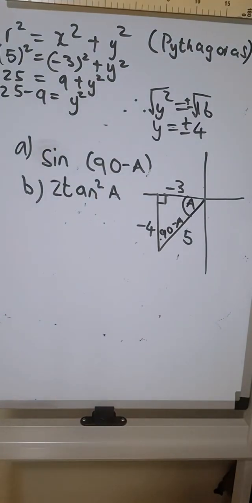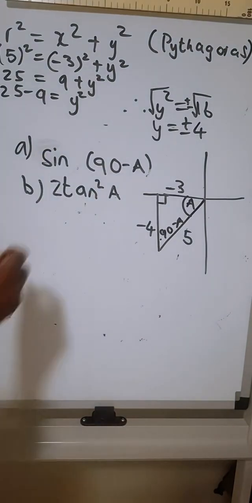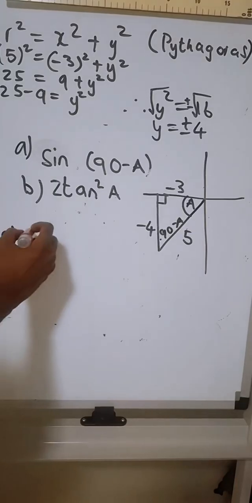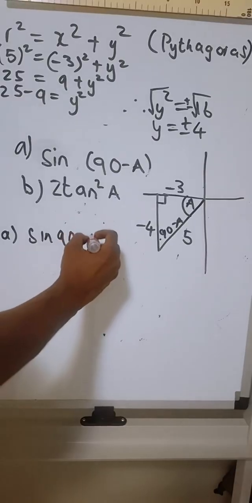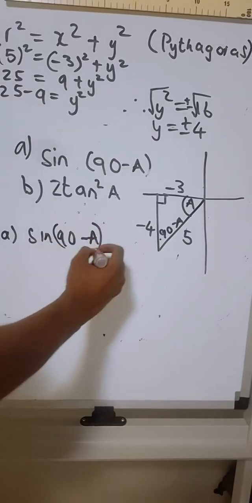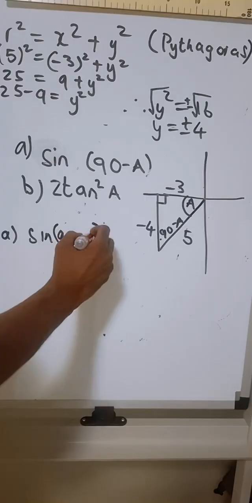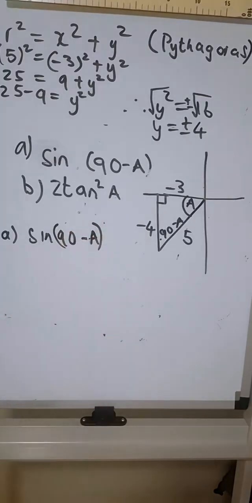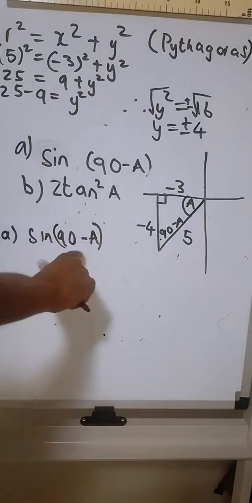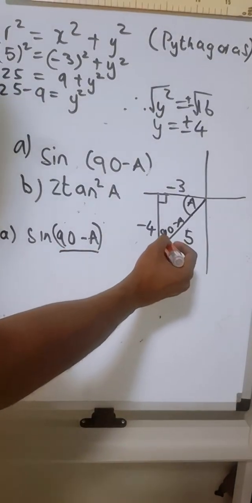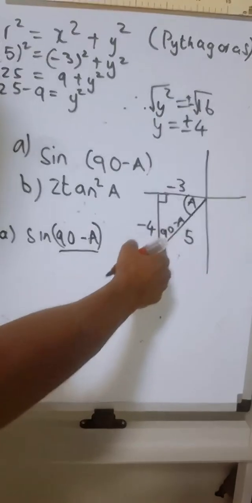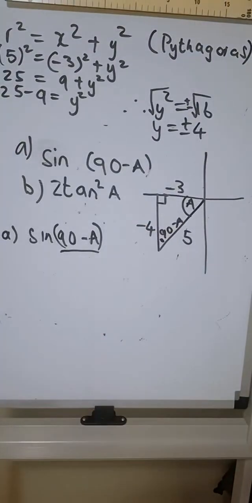Now, sine of 90 minus A, guys, remember I'm going to read from my diagram. So where is 90 minus A? That's the question you ask. It's this angle here.